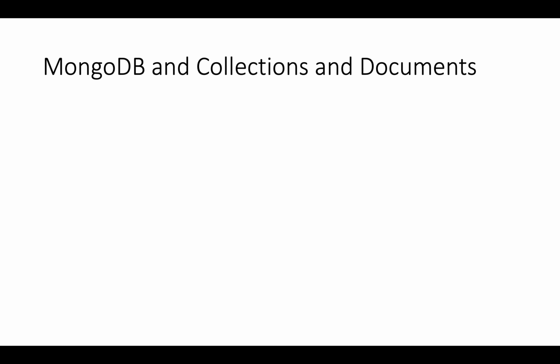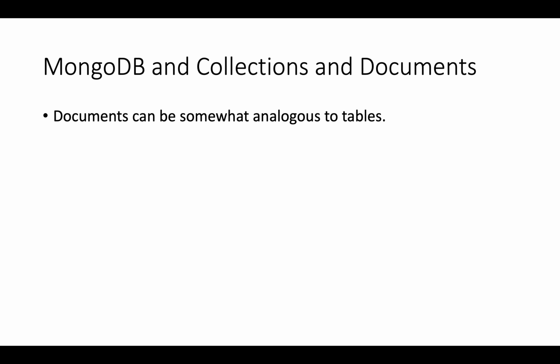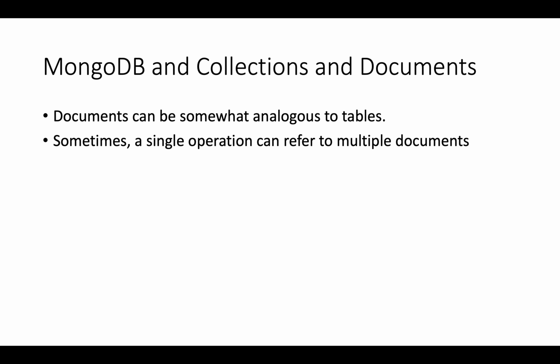MongoDB data is in the form of collections and documents. Collections of documents, I should say. Documents can be somewhat analogous to tables. Sometimes a single operation can refer to multiple documents.